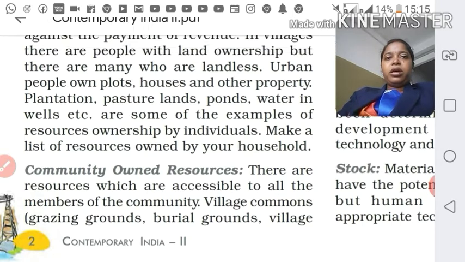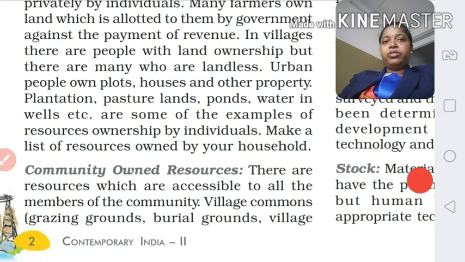Okay, and the major examples of the individual resources are plantation area, pasture lands, ponds, water in wells, etc., which a particular individual owns or has ownership of, which is used for their own survival.